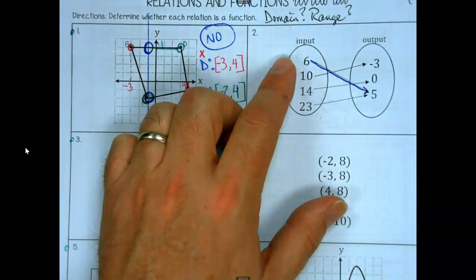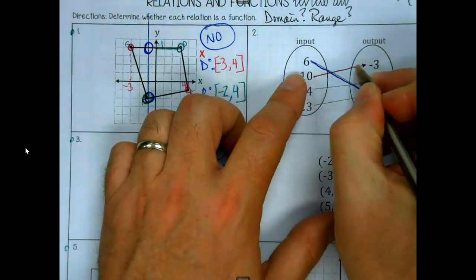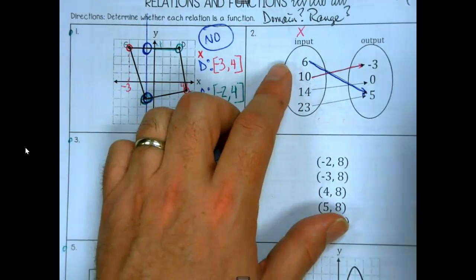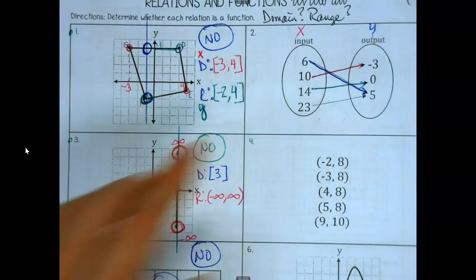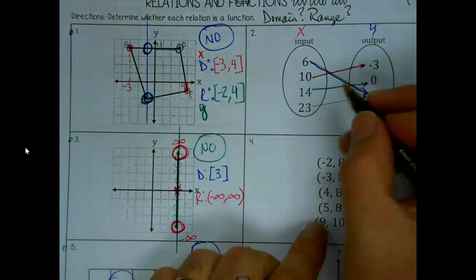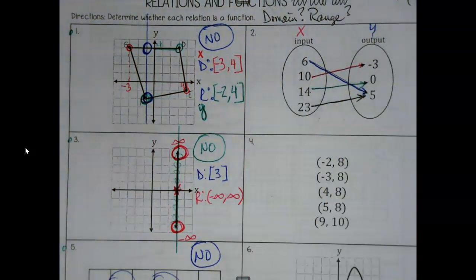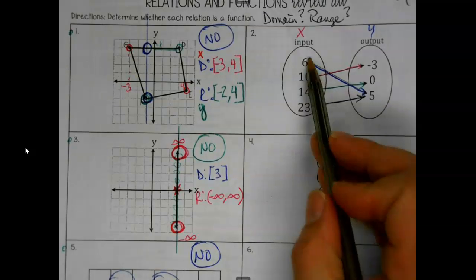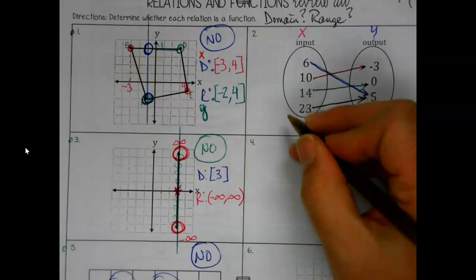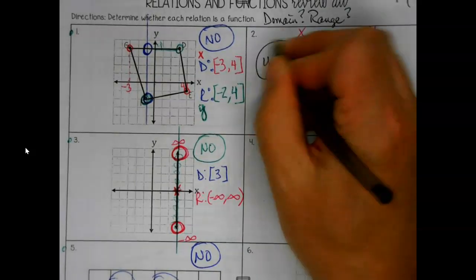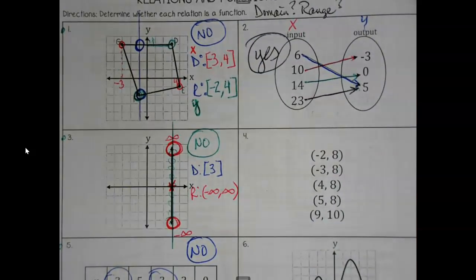But what I'm looking for here is, does each input, does each x only go to one y? And if I check that out on this one, that is true. 6 goes to 5, 10 goes to -3, 14 goes to 0, 23 goes to 5. So this is absolutely, positively, yes, yes, yes, yes, yes.